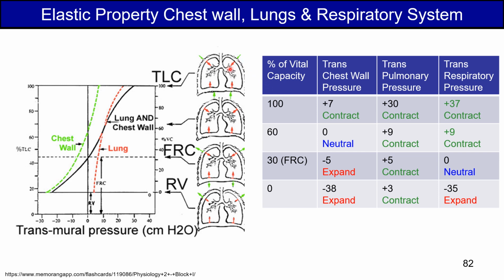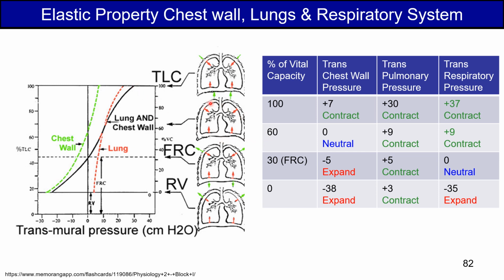So at 100% of the vital capacity, the chest wall has an elastic tendency to contract, just like the lungs. It is plus 7 for the trans-chest wall, plus 30 for the transpulmonary pressure, and if you sum both up, it is plus 37 for the respiratory system.